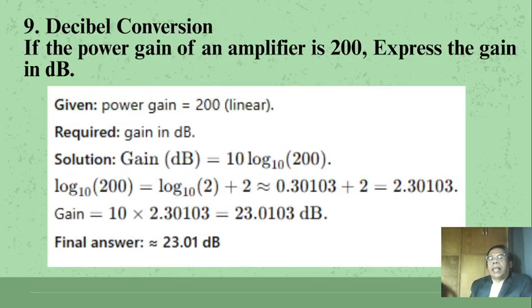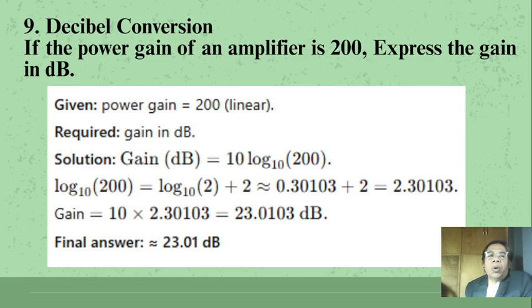Number 9, decibel conversion. If the power gain in an amplifier is 200, express the gain in decibels. So we are given the power gain 200. That's linear. We are asked to obtain the gain in decibels. So the formula for decibel is gain in decibels is 10 log of the power output over the power input.